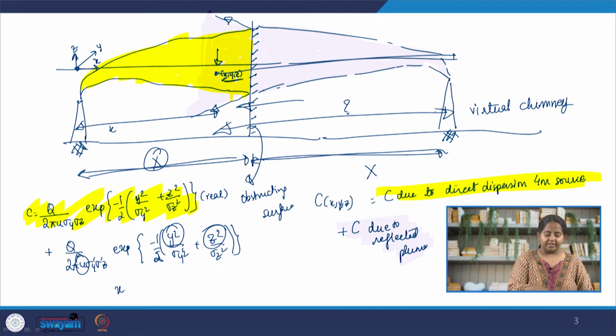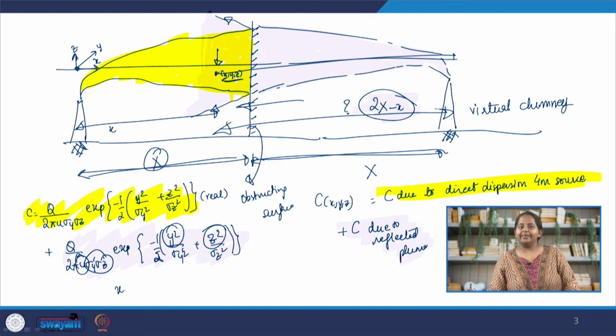Small x is the distance between the chimney and the point. So the distance in the x direction from the virtual source to the point where you want to find the concentration will be given by 2X minus small x. So when you find your sigma y, sigma z for the virtual source, you have to use a different value of x. That is the important part.